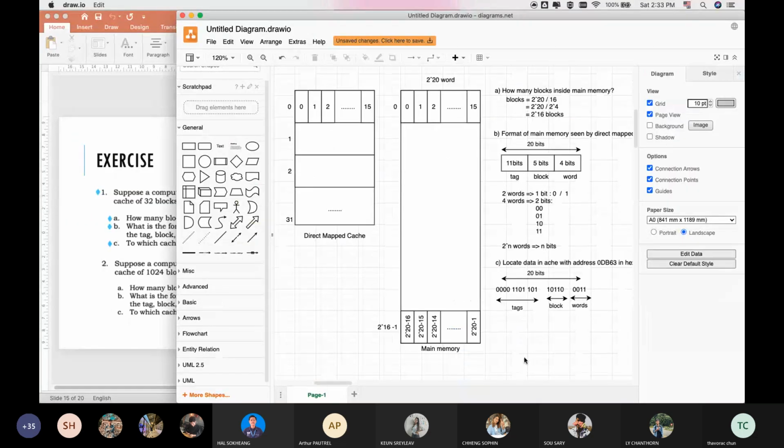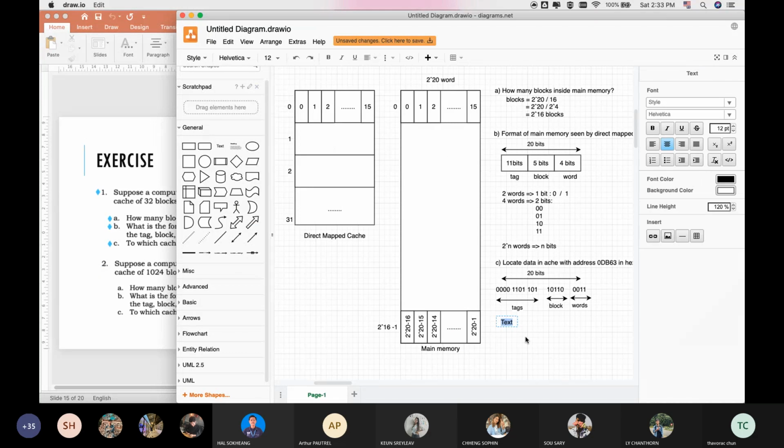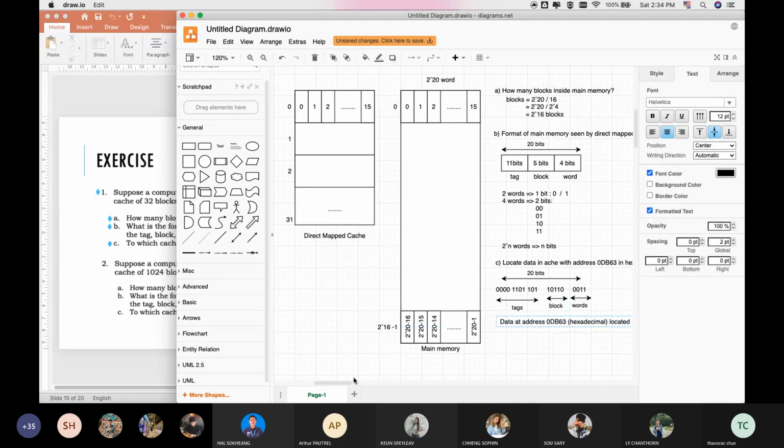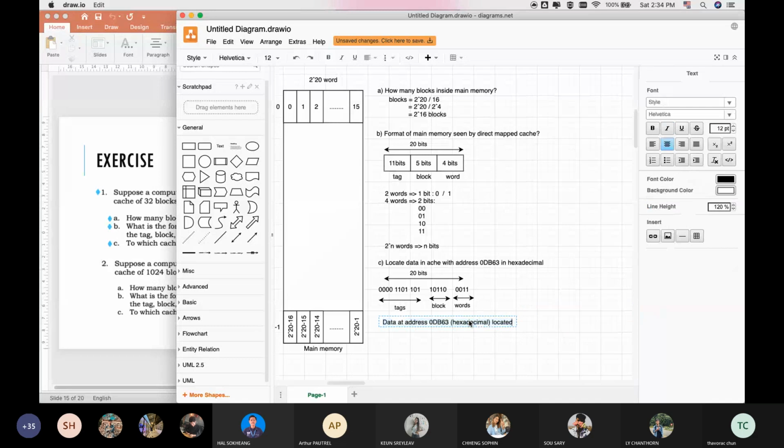So from this, we can say that the data at address 0DB63, which is in hexadecimal, is located inside block 22 in decimal.